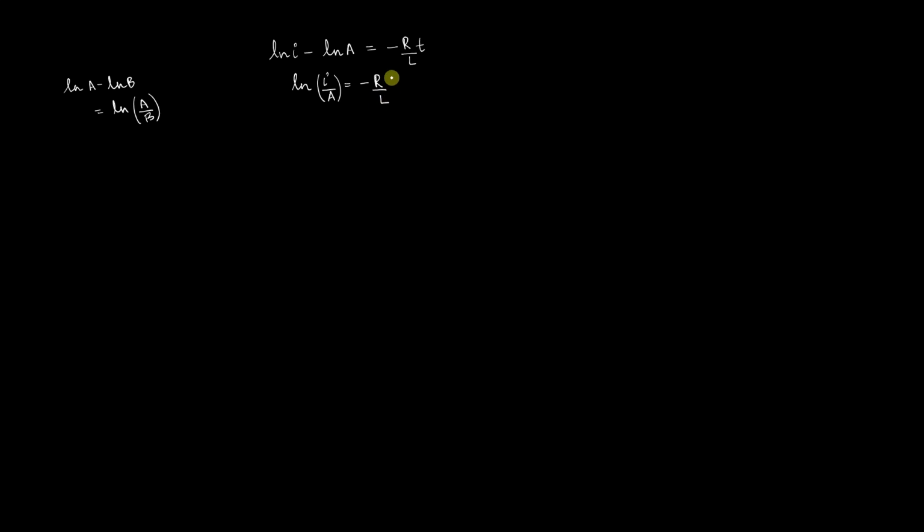So let us take the exponentials for both these terms. So when you take the exponential, this term goes off. So what is left is I by A is equal to e power minus R by L into t. So rewriting, I can write this as I is equal to A into e power minus R by L into t.